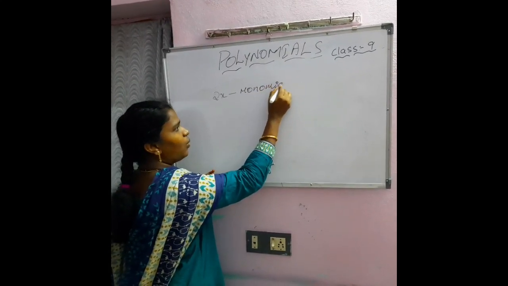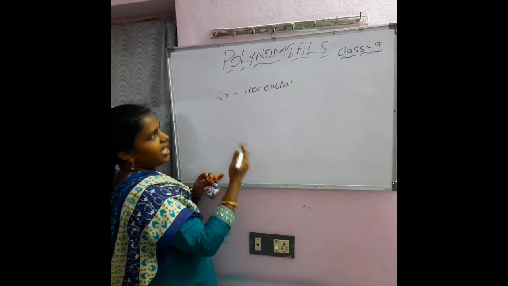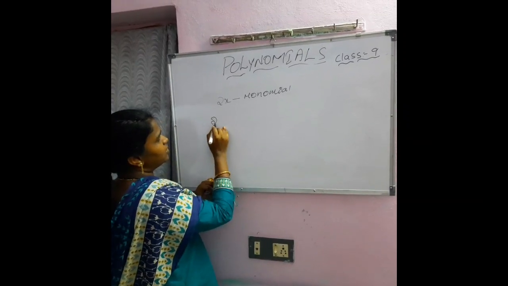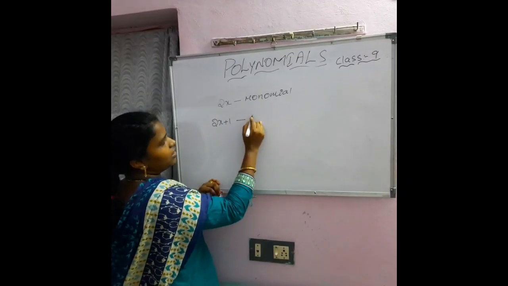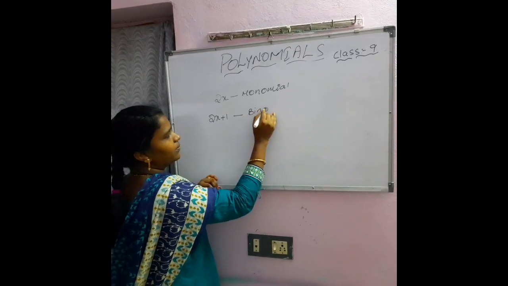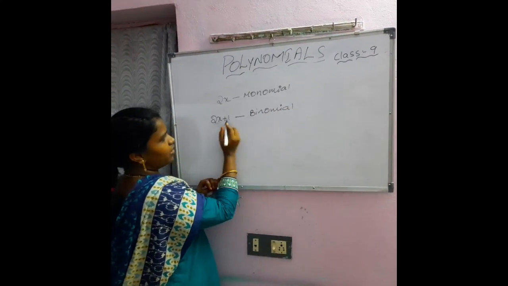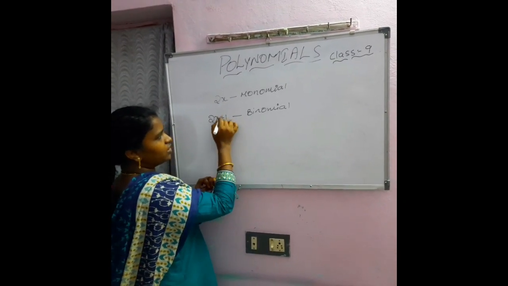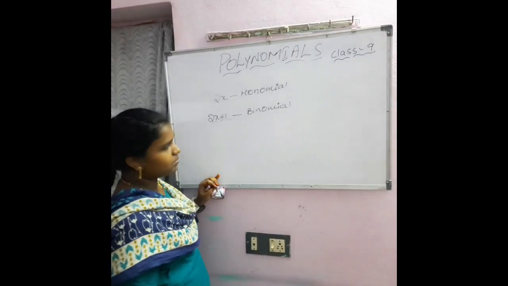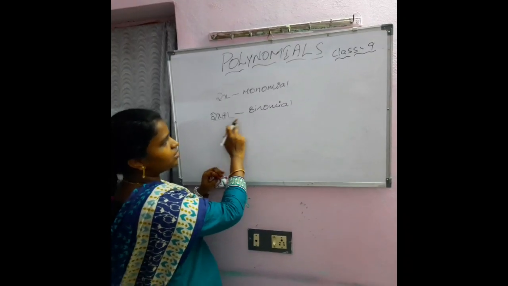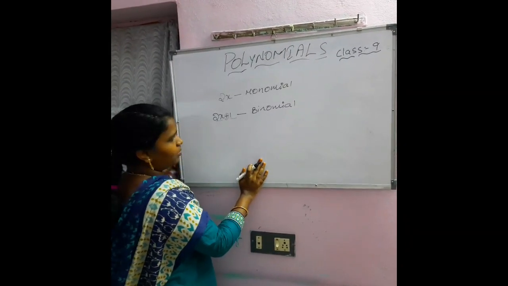If it has two terms, that is 2x plus 1, it is a binomial. 2x is one term and 1 is another term, combined with the binary operation plus. So we have two terms, and it is called a binomial.